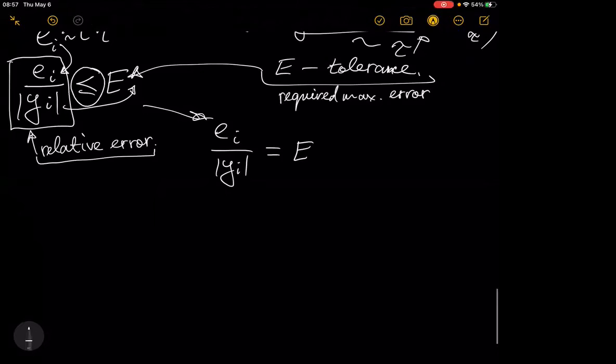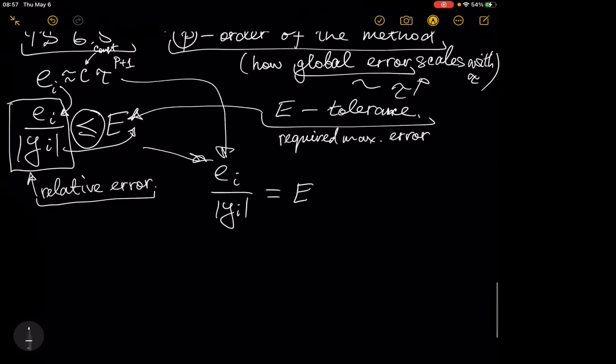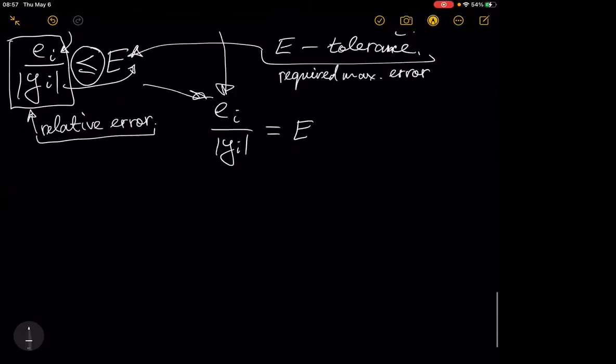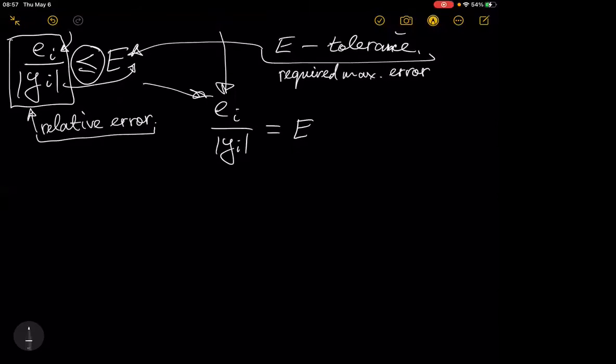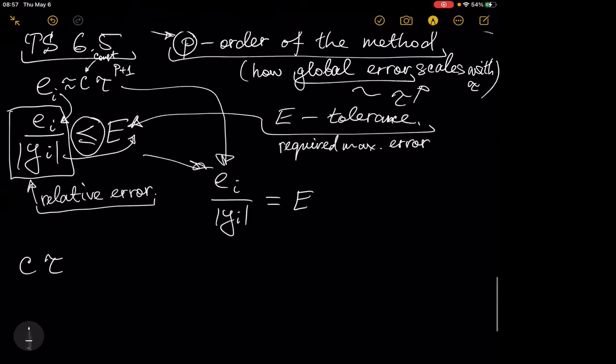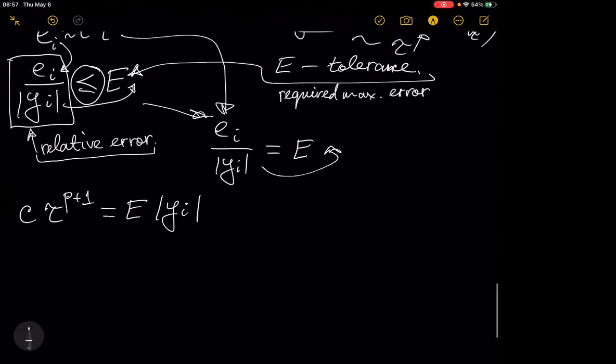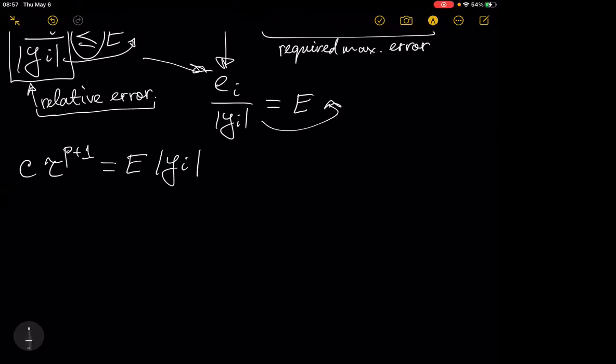So then here I will use this and we'll get C tau to the power P plus 1, right? And this I will bring here. So I'm getting E tolerance multiplied by YI, just this. Okay.